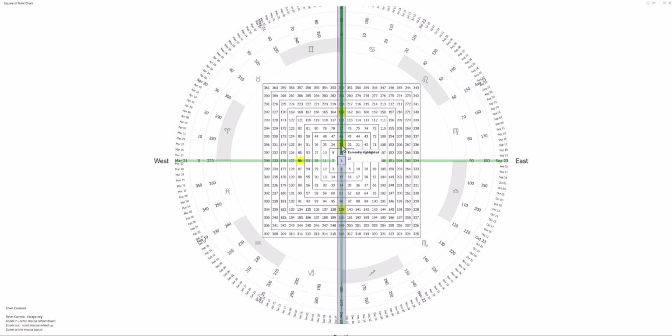23 would be a 270 degree line. Now, it just depends on the way you quote it. You can start here and count this way, 90, 180, 270, or you can go the other way. On this chart, it's just showing you starting from zero, spring equinox, and moving counterclockwise. So you can go clockwise or counterclockwise.